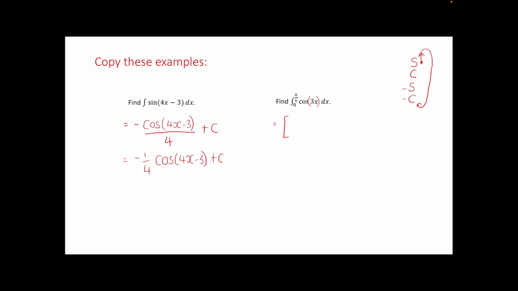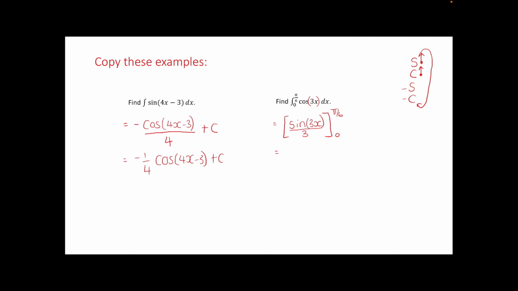I've got a cos. If I start at cos and I integrate, I go up to sine. So cos 3x becomes sine 3x. But remember, we need to deal with that bracket. And to deal with that bracket, we divide by 3, which is the derivative of the bracket. And we're going from 0 to pi over 6.